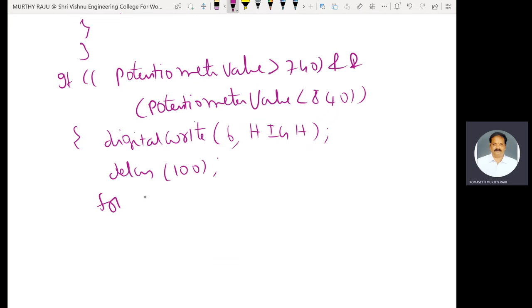From the fifth pin to the fourth pin, the LED is in off condition. I is equal to 5, I greater than or equal to 4, I minus minus, digital write.